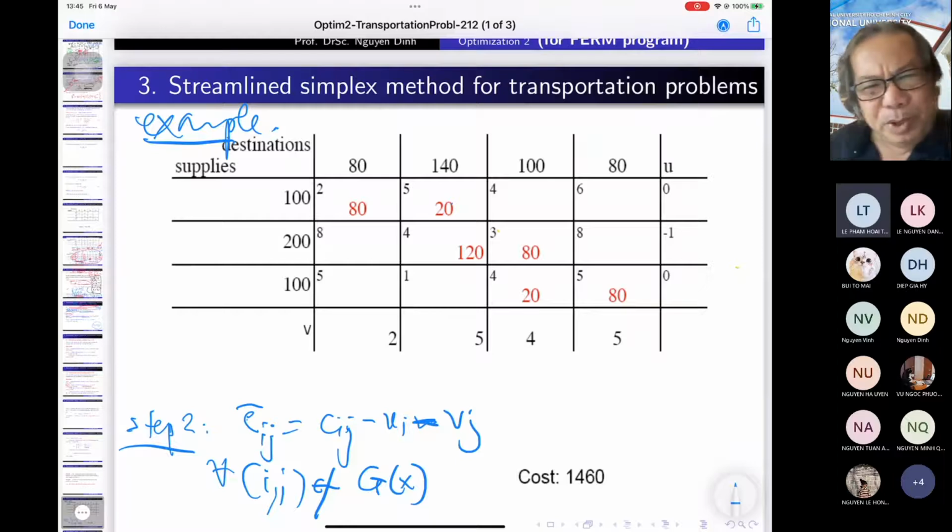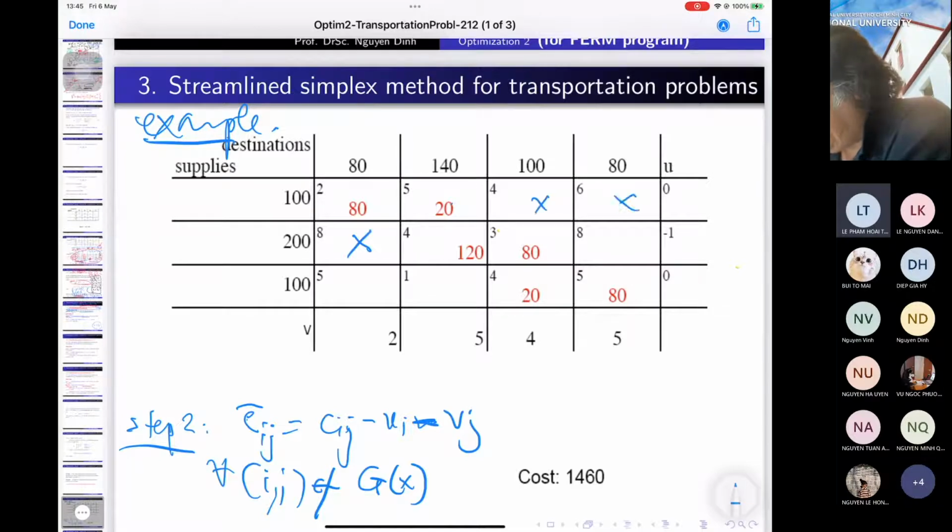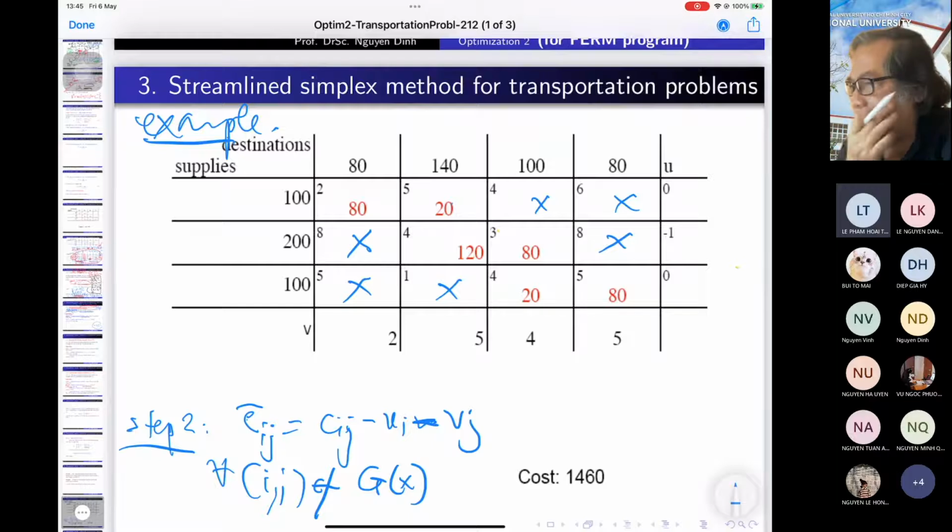So which cells do not belong to GX? How many cells are there? You have 6. Six cells do not belong to GX.